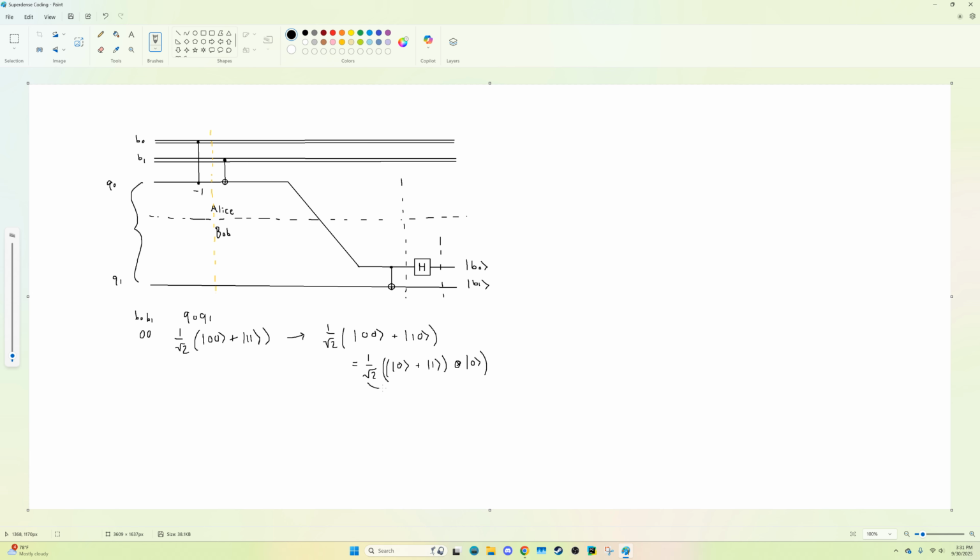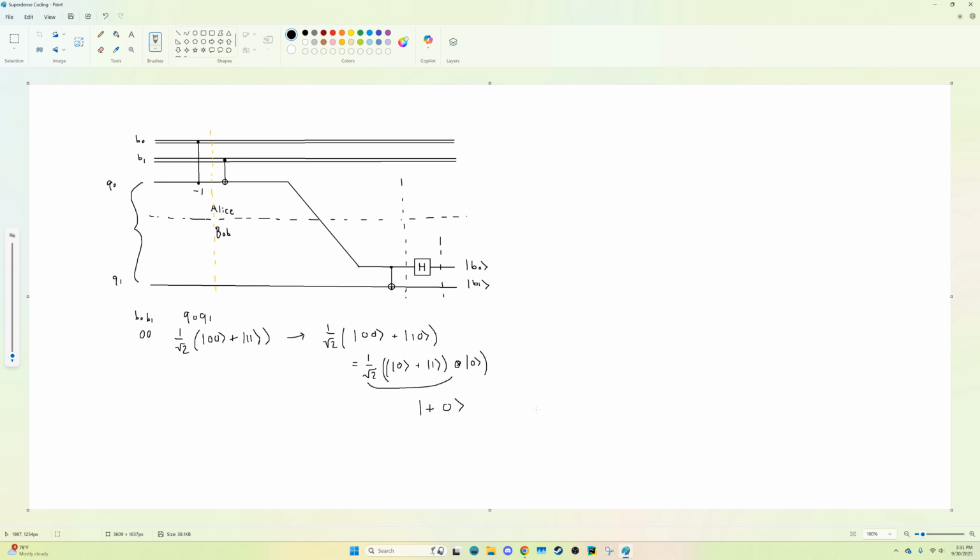And this is the plus state, which is the Hadamard applied to Q0, or applied to 0 if Q0 is equal to 0. So this is equal to ket plus 0.